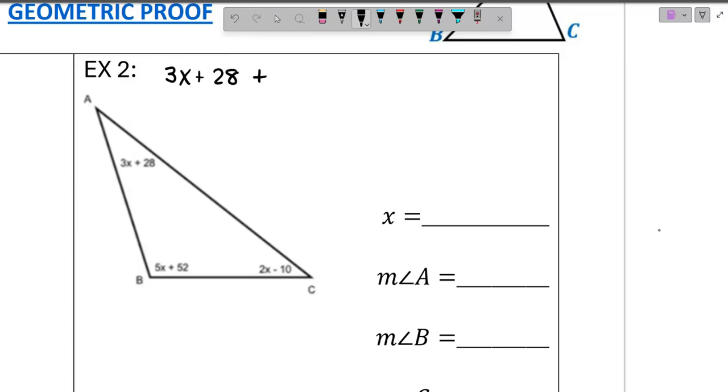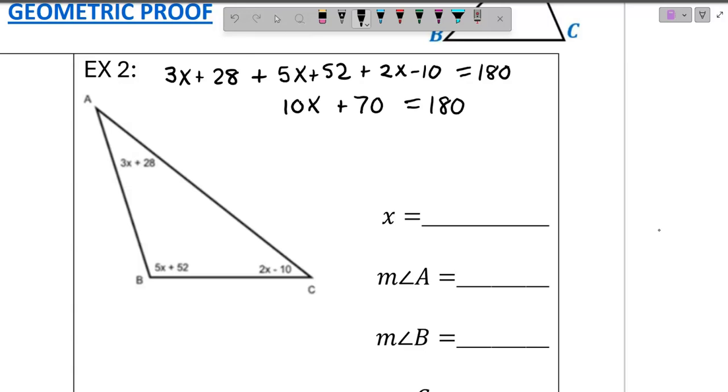So my first angle plus my second angle plus my third angle will then equal 180 degrees. We'll then go through the algebra process, combining like terms on the left-hand side, still equal to 180. We're going to subtract that 70 to the other side, and finally divide by the 10. X is now 11.